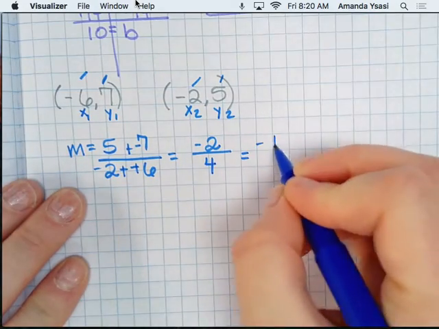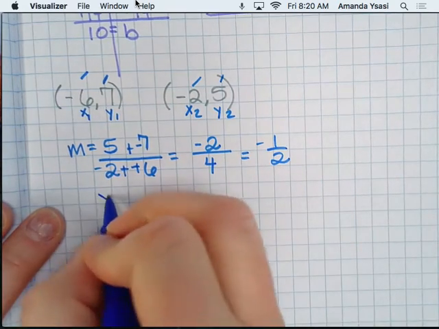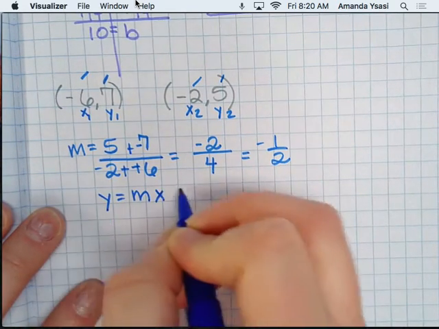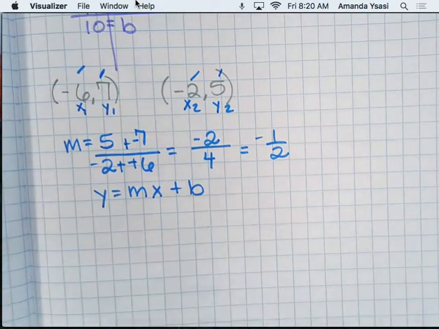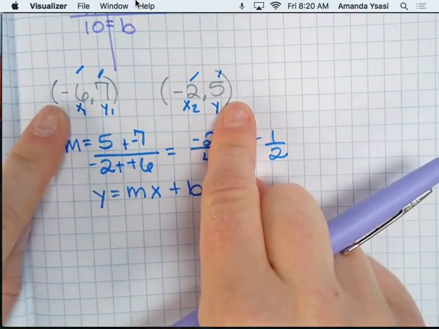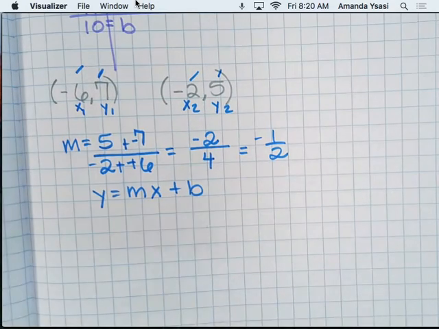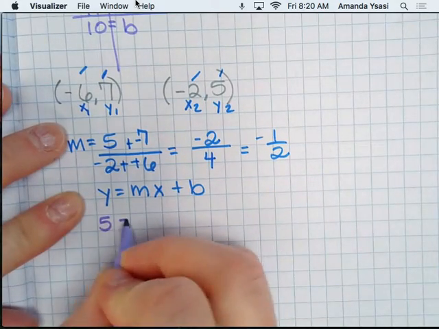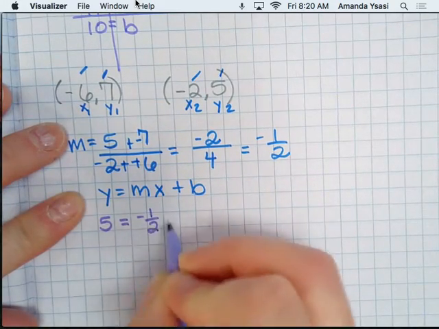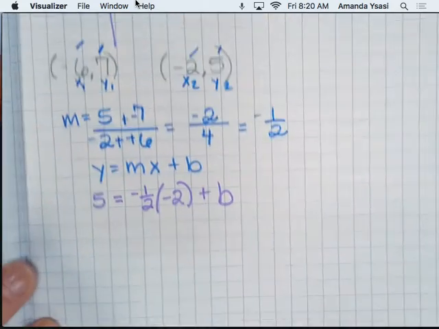Yeah, -1/2. Good. So our next step is to write the equation, y equals mx plus b, and solve for b. Which one would we like to use? Negative 2, 5, smaller numbers. Okay, so 5 equals negative 1/2 times the negative 2 plus b.